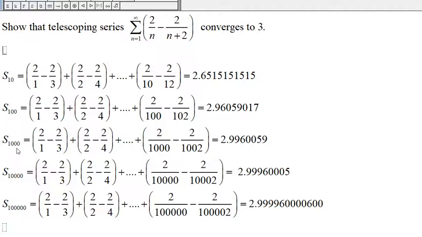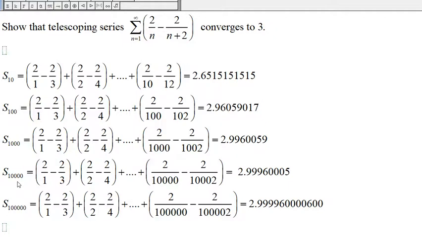The sum of the first 1,000 terms will be the first term, the second term, all the way up to the 1,000th term. Add them up, we get 2.960059.